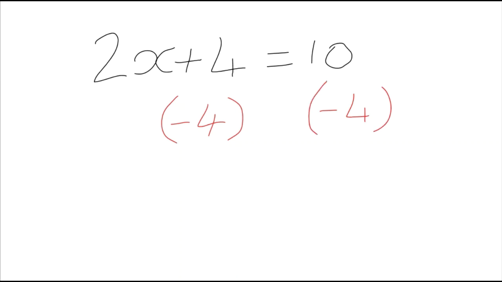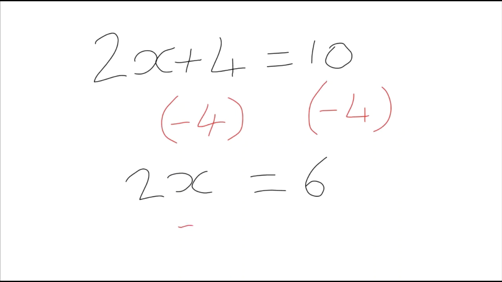Once I've subtracted the 4, I'm left here with 2x, because positive 4 subtract 4 gives us 0. I don't need to write that. 10 subtract 4 is equal to 6. Now this 2x means 2 multiplied by x. We are trying to work out the x. So if it's 2 multiplied by x, I need to do the opposite.